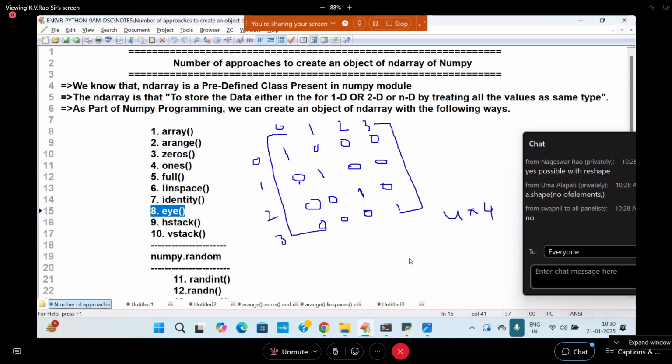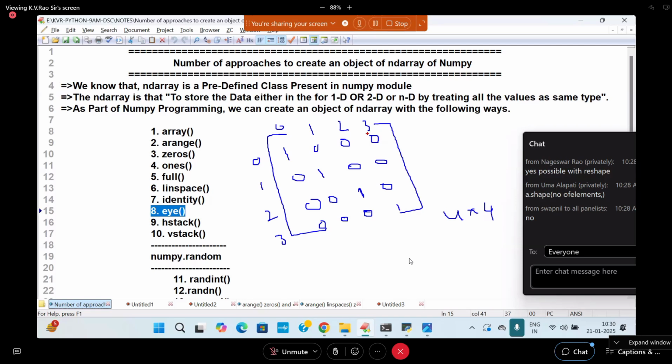These intersection elements, 1, 1, 2, 2, and 3, 3, are built by the identity function.